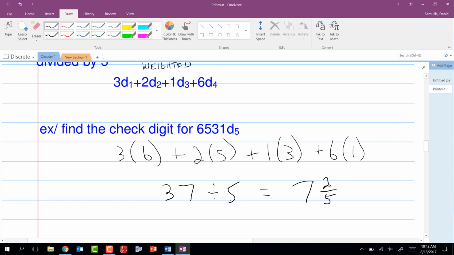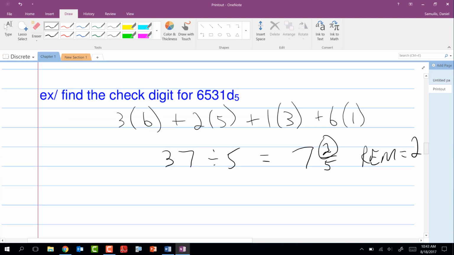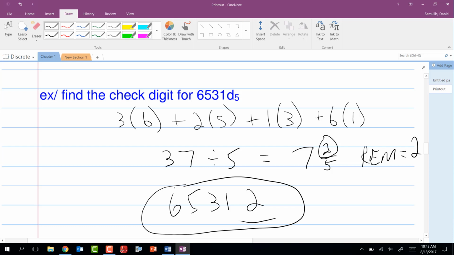This is called a mixed fraction. But all we needed was the remainder, because the remainder is the check digit. So my code for this person is 65312, with that remainder when the weighted sum was divided by 5.